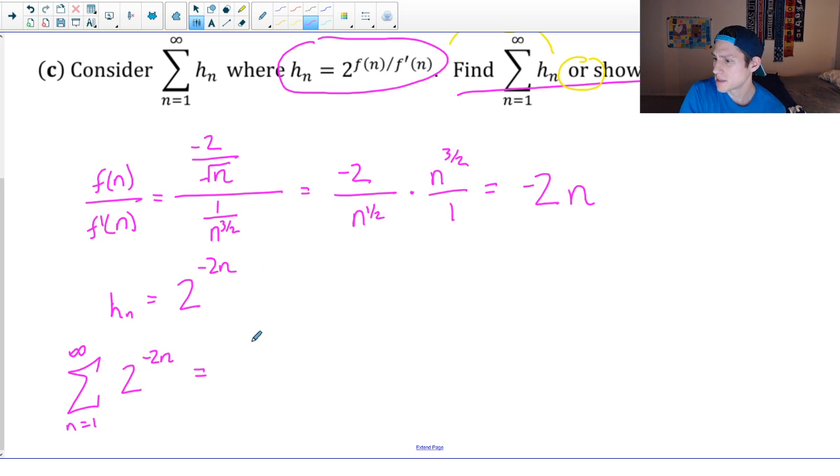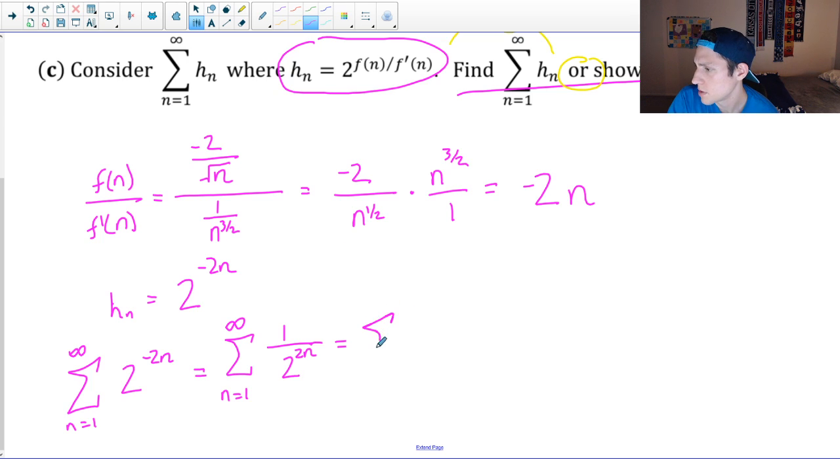Negative exponents, typically it helps us to rewrite it. So 1 over 2 to the 2n. I could almost say this is geometric immediately, but I don't. There's the 2n in the exponent rather than just n. So, let me do this.